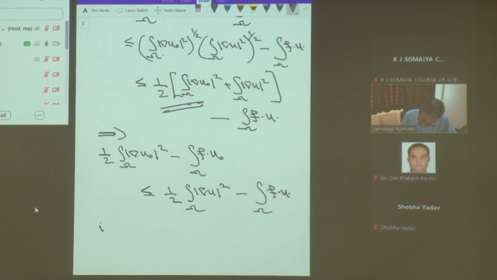And that is what we have: the energy of u naught, E of u naught, is less than or equal to E of u. And this implies that u naught is a minimizer.